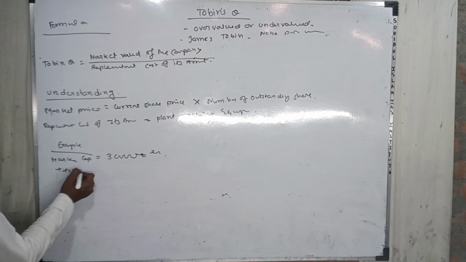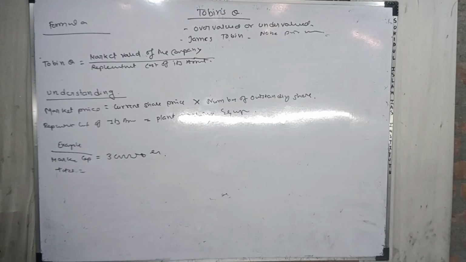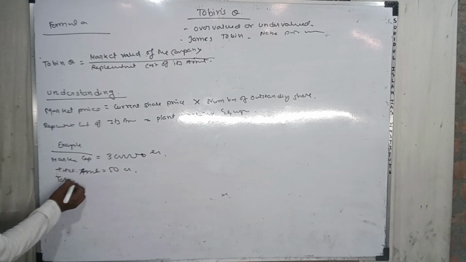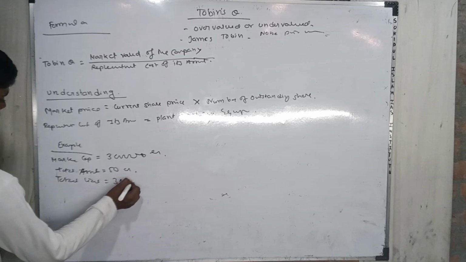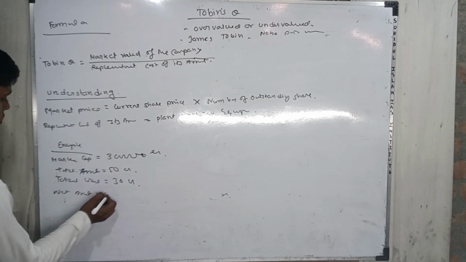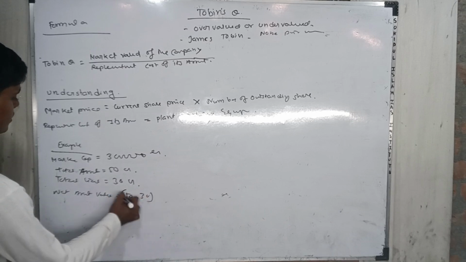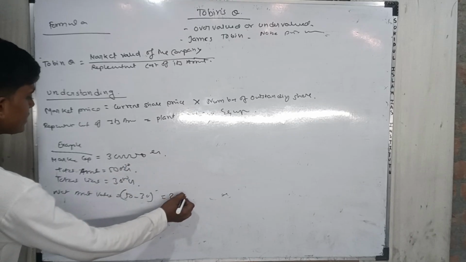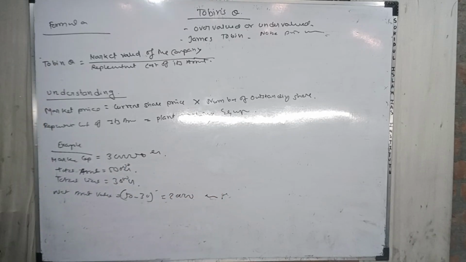Total asset is 50 crore and total liability is 30 crore. So net asset value is 50 minus 30, that is 20,000 crore.